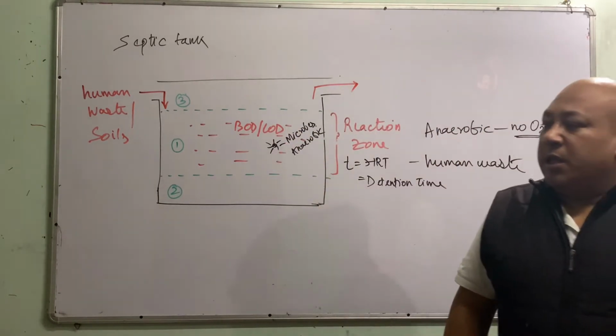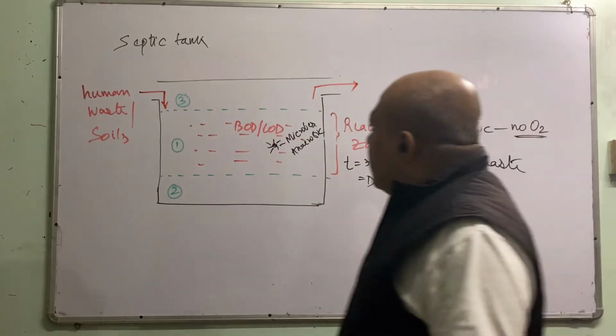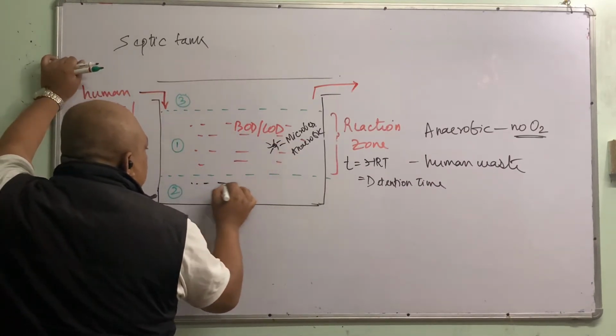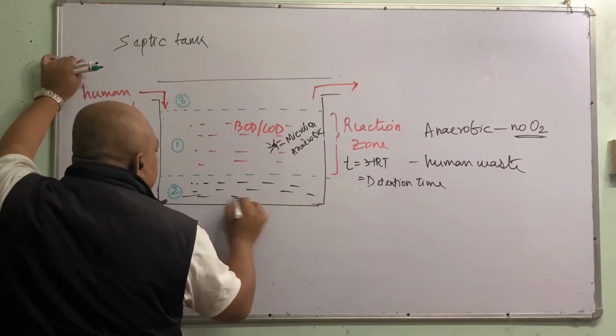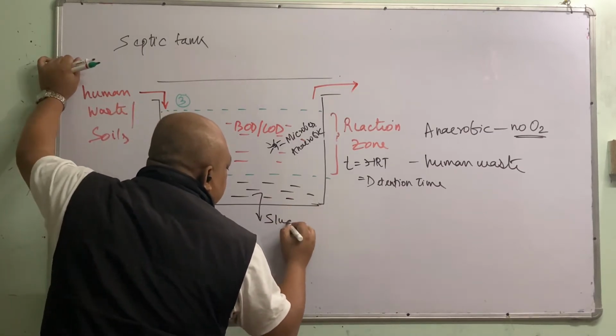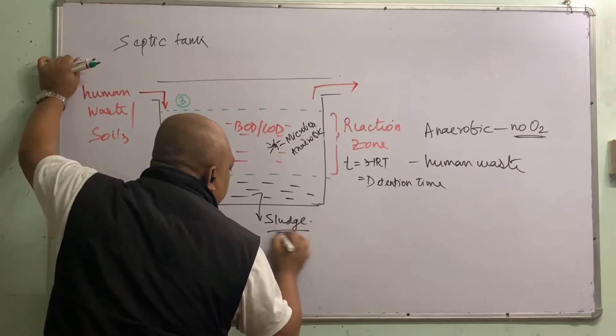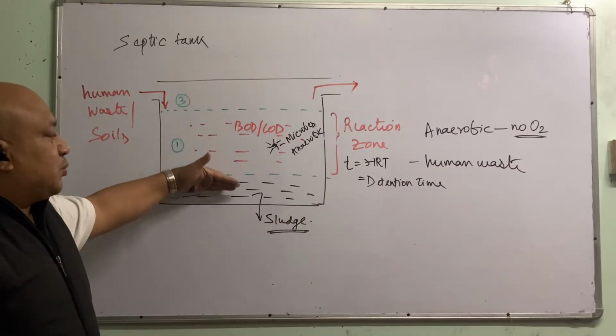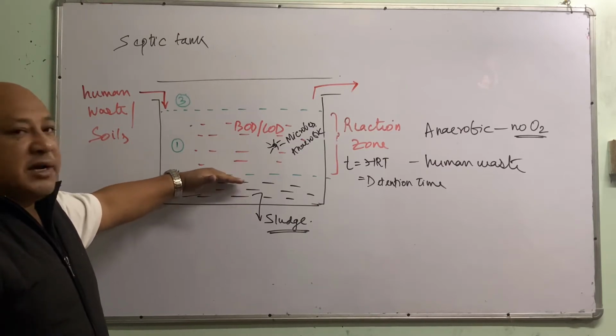In the process, this BOD and COD will be eaten by the microbes, and the microbes will start settling at the bottom. These microbes we call the sludge. Day by day, the microbes will keep eating and the sludge will keep increasing, correct?